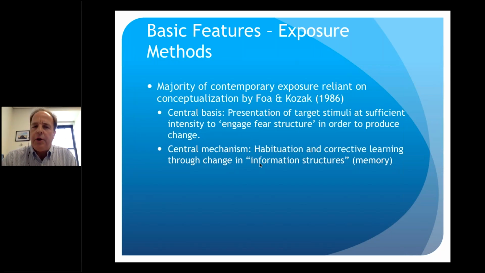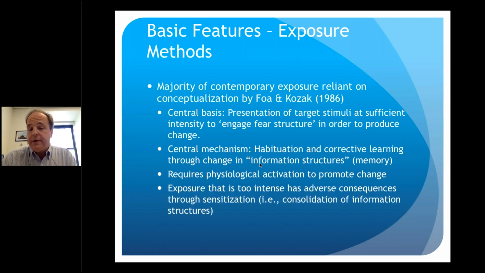Most of this would ultimately be construed as basically a memory structure. And in order for that to happen, it was required there be some minimum physiological activation in order for change to occur. And also, it was the model that articulated pretty clearly that exposure that would be too intense would have adverse consequences, such as through sensitization. For example, it would consolidate fear information in those memory structures.